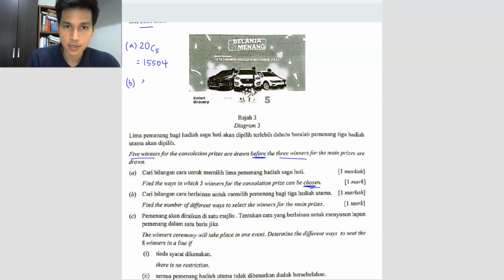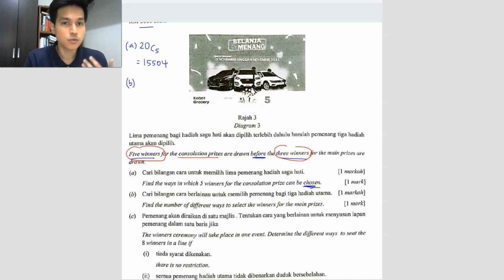Some people I know, they will write there 20P3. No, wrong. You cannot choose 20. Why? Because the statement here says that they choose 5 winners for consolation. After that, they choose the 3. Okay, so after the 5 consolation, then only they choose the 3 winners for the main prize.